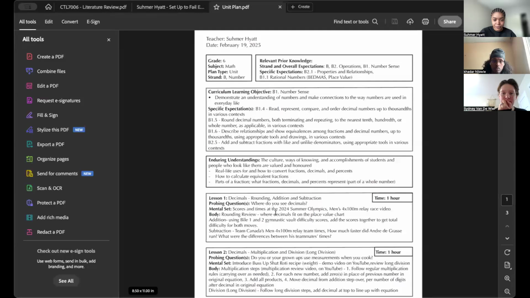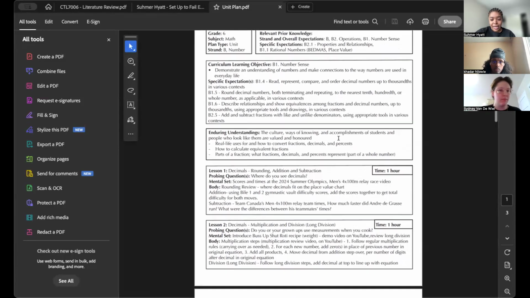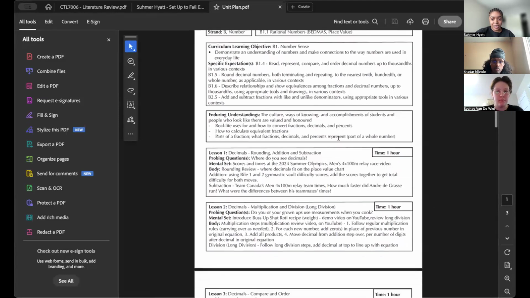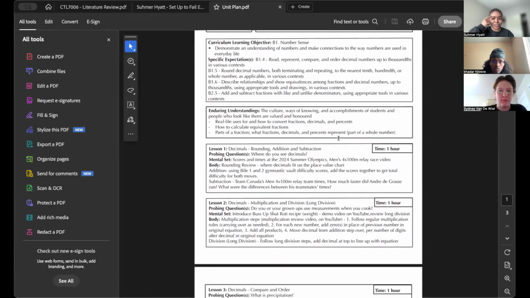So I'm basically going to start the way Sid started, showing my actual plan first, and then going through my presentation. So this was the unit plan template that I came up with. I had to design my own because I don't really think so well in the formats that we were given to choose from.